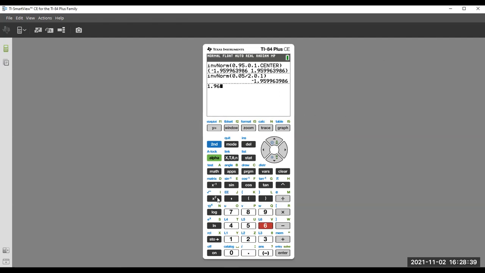So 1.96 squared times 0.25 divided by 0.04 squared. So you can see that it goes in there smooth as butter, and I end up with a 600.25.